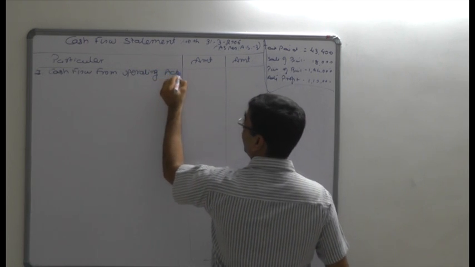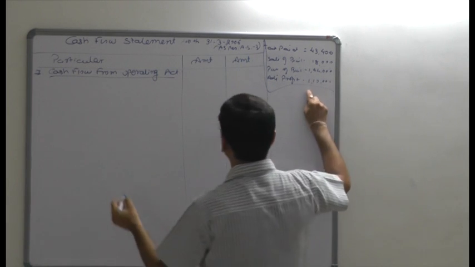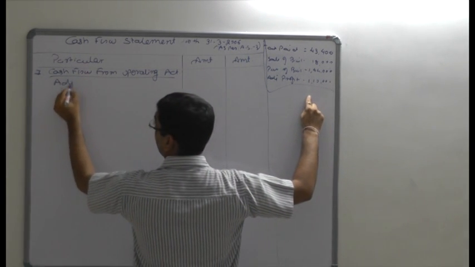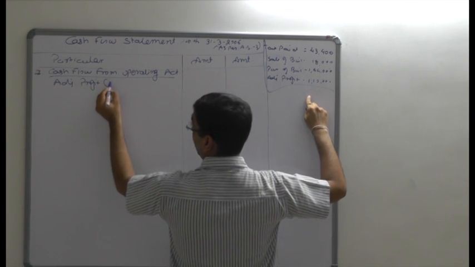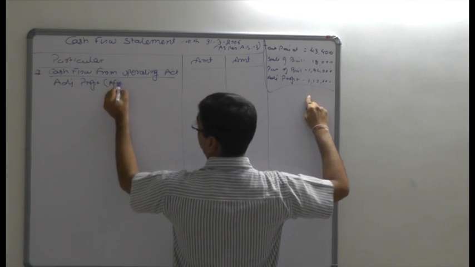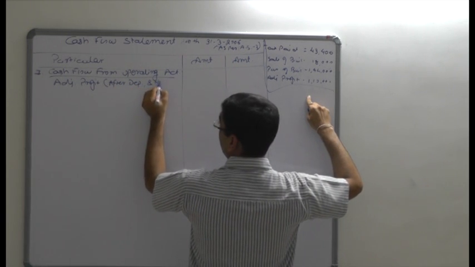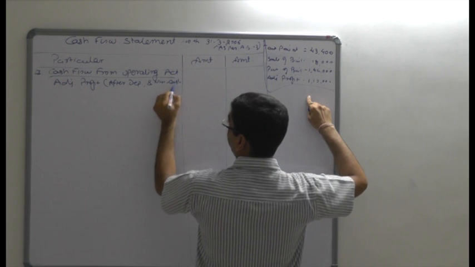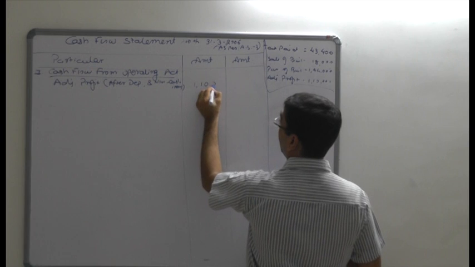So under this operating activity, we need to start with the first item, adjusted profit. Here it starts with adjusted profit, and in brackets you can write after depreciation and non-cash items, and that amount is 1,10,000 rupees.